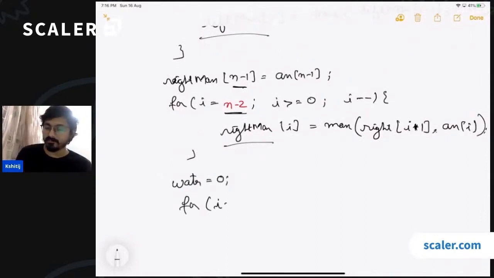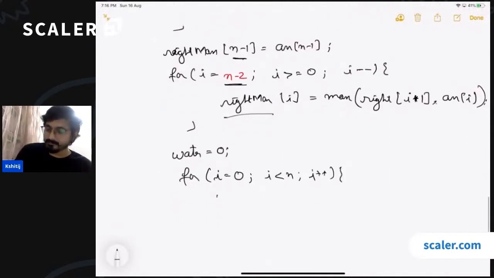So water plus equals to, or you can also write it as water equals water plus, how do we calculate the height of the water column? Minimum of left max and right max, minus the array value at I. Cool.